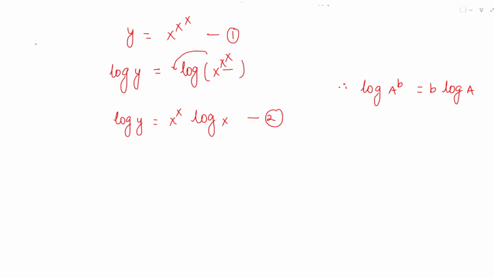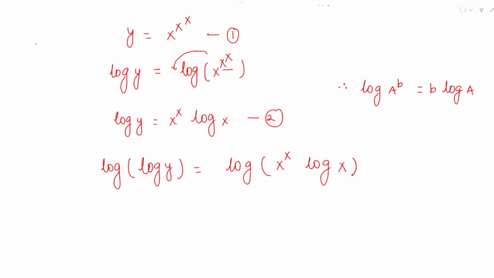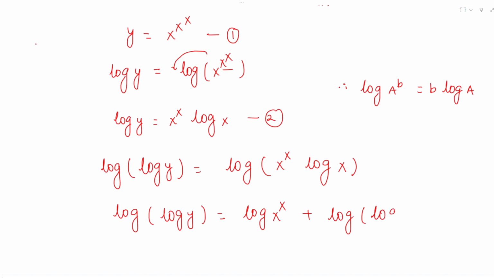Now again taking log on both sides, log of log y equals log of x to the power x into log x. Now this becomes log of log y equals log of x to the power x plus log of log x.